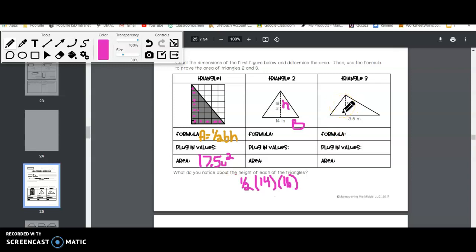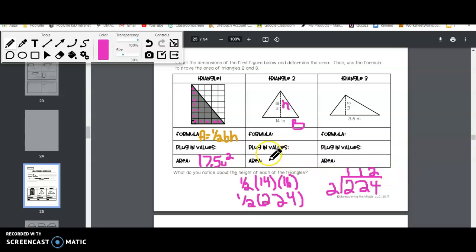So if I did 14 times 16, that's 224. Now I want to multiply it by a half. And again, remember, multiplying by a half is the same as dividing by 2. So we're going to divide it by 2. 224, so it goes in that once, goes in that once, and goes in this twice.